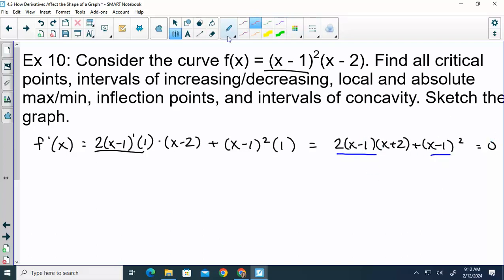So if I take out my x minus 1, then we have a 2, an x plus 2, plus an x minus 1. So if we multiply it out inside, we would have a 2x plus x, so 3x. 4 minus 1 is 3.